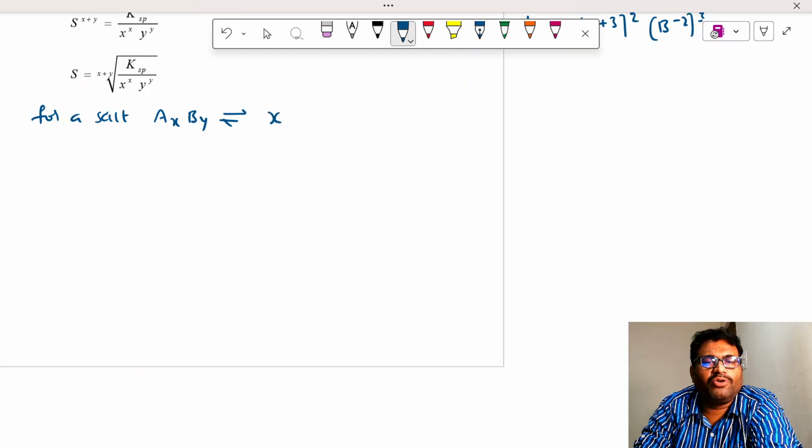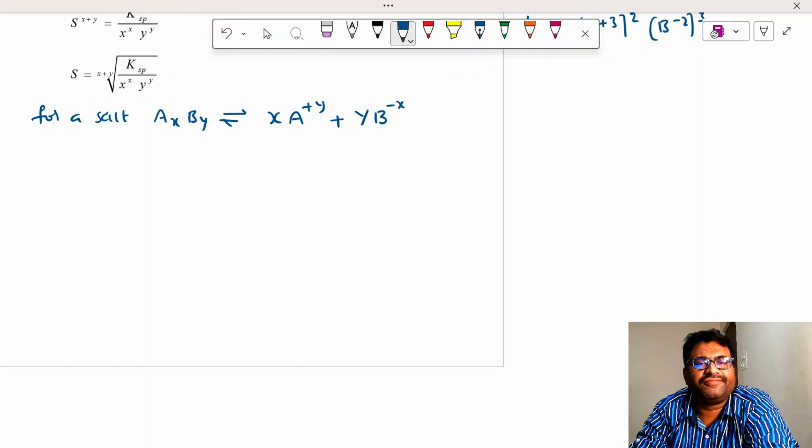X moles of A, and crisscrossing, you get plus Y, and Y moles of B minus X. Is it correct or not? This part you need to understand.